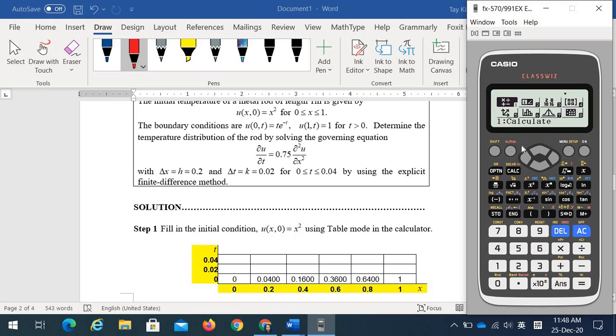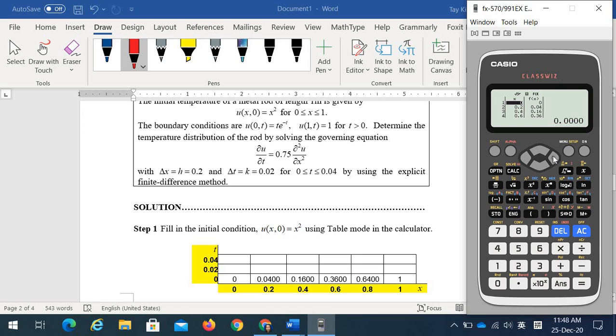So I'm going to tabulate the initial values using the table format. This is table mode number 9. The function is x squared, starting x at 0, ending at 1, with step size h of 0.2.